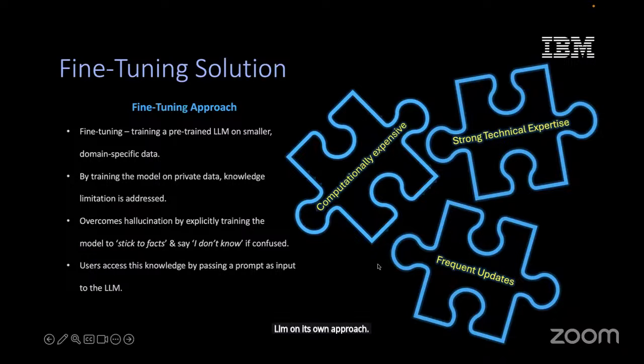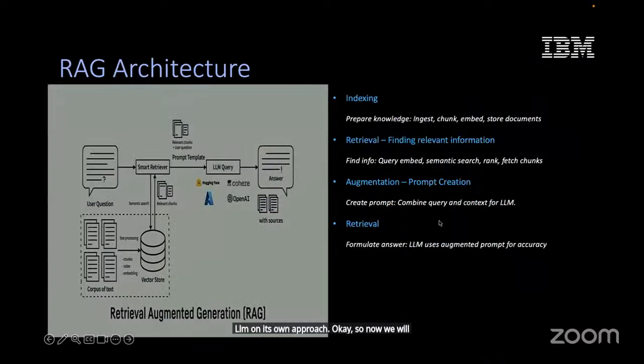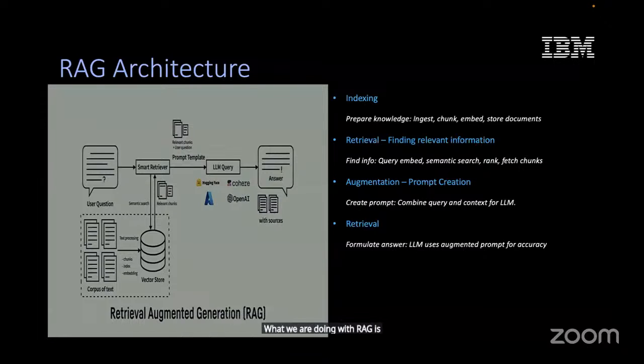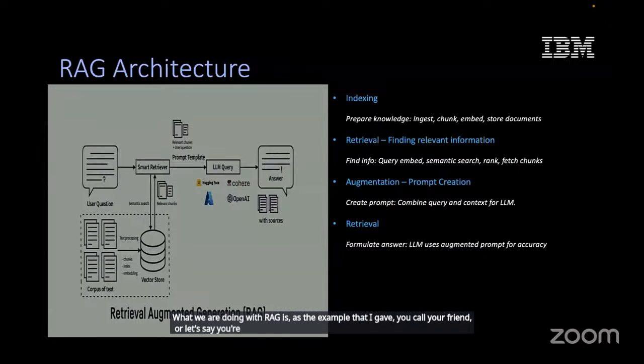Okay. So now we will talk about the RAG architecture that will try to solve this particular problem in 3 separate ways. Okay. So before I talk about RAG, what we are doing with RAG is, as in the example that I gave, you call your friend, or let's say you're writing an open book exam where you've learned some things that you are able to answer on your own.